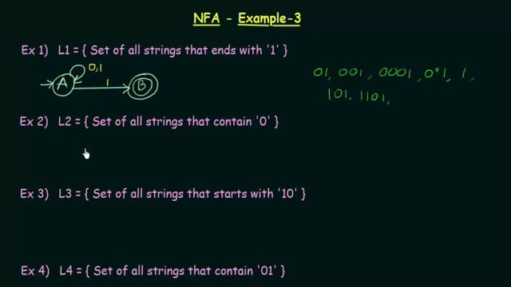Okay, now let's come to the next one. L2 is the set of all strings that contains 0. Our only condition is that it should contain a 0, and the position of that 0 does not matter. It could be anywhere.